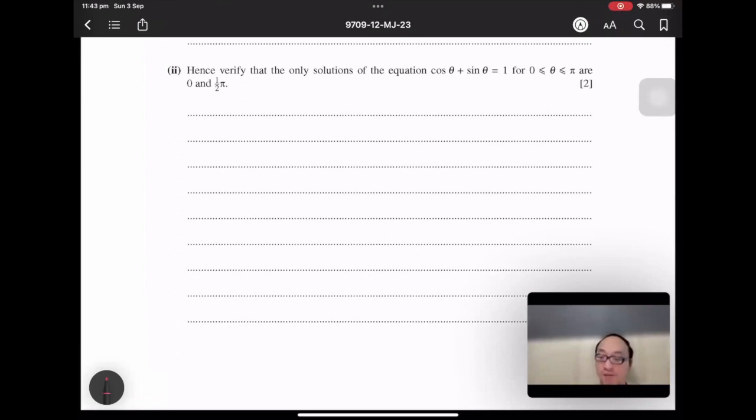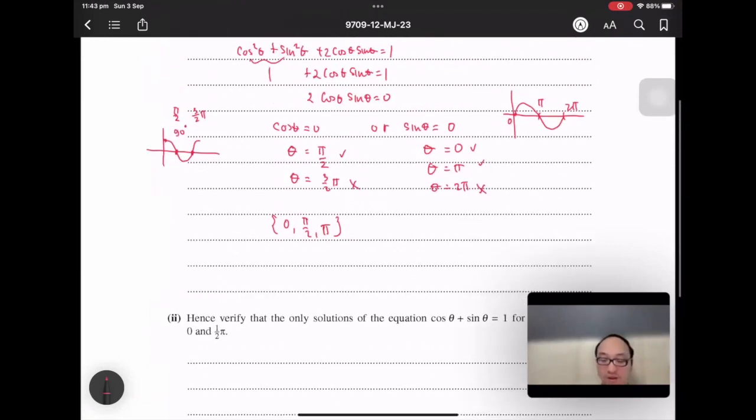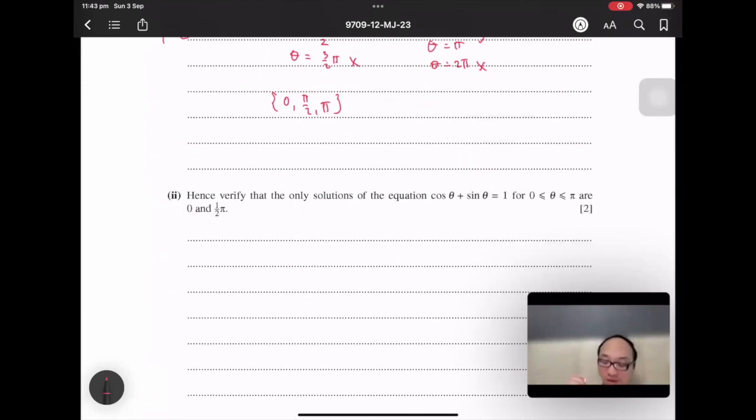So in this case, we can just put it into the equation. If we put theta equals 0, so cos 0 plus sin 0 equals 1.